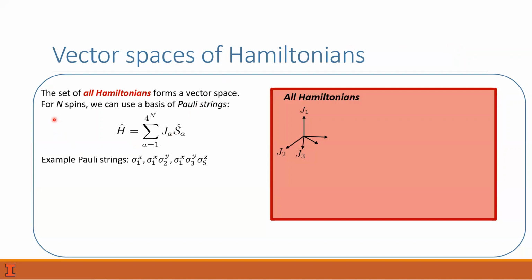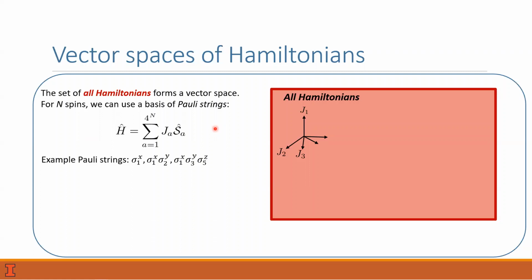So for example, if you have n quantum spins, you can write down a Hermitian operator that acts on those n spins using a basis of Pauli strings. What that means is you can write the operator as a linear combination of these Pauli string operators, where these Pauli strings are products of Pauli matrices, for example sigma x, sigma y, sigma z, or identity.